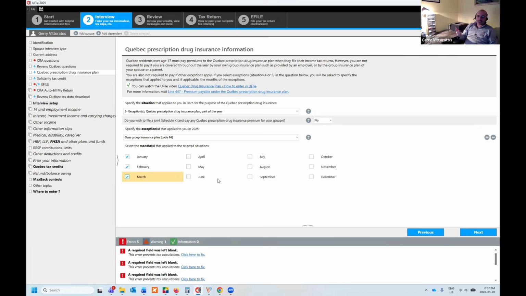The other consequence is when you go to the pharmacy for the first time to collect your prescription, after you've been bumped out of the private insurance plan, well, the RAMQ has no idea that you're no longer covered under the private insurance. They have no idea. And when you go to the pharmacy, you'll have a nasty surprise that they won't cover your prescriptions because you didn't advise them ahead of time.